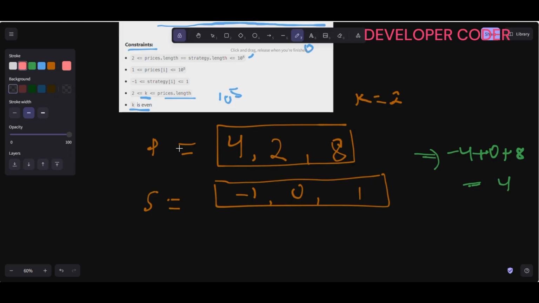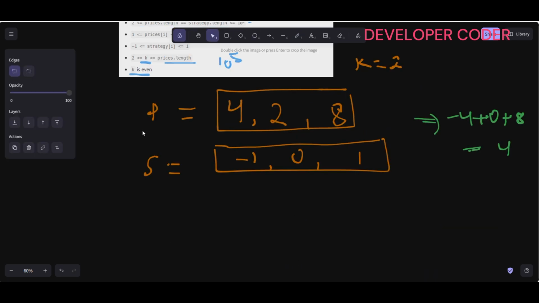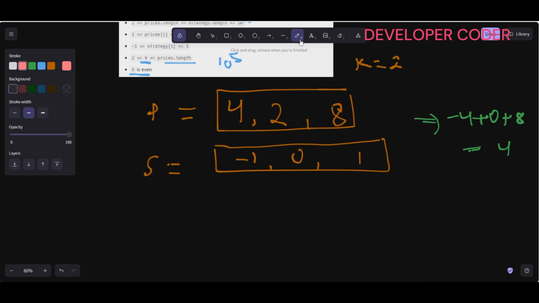So what I'm going to do is create one prefix array for strategy into prices, right? Strategy into prices is only giving us the total profit, right? So for that I'm going to create one prefix array, prefix for strategy into prices, right?